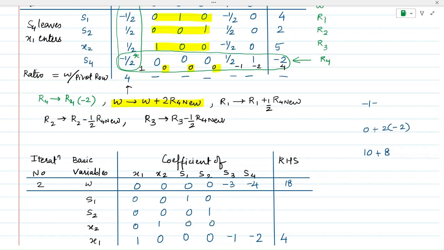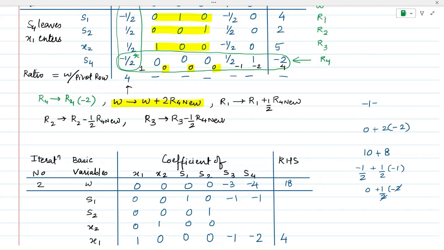Okay. Now the only values to change are the last 3 columns. So let's change them. So we have a negative half plus 1 by 2 times -1. So that becomes a negative half and negative half, which becomes -1 here. And then you have 0 plus 1 by 2 times -2, which becomes -1 again.